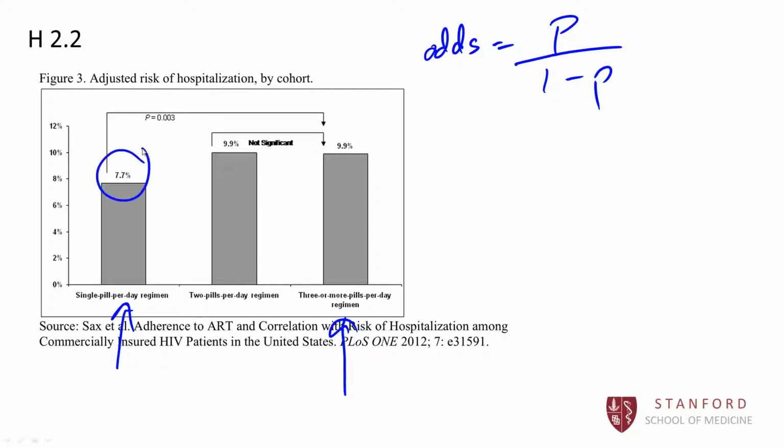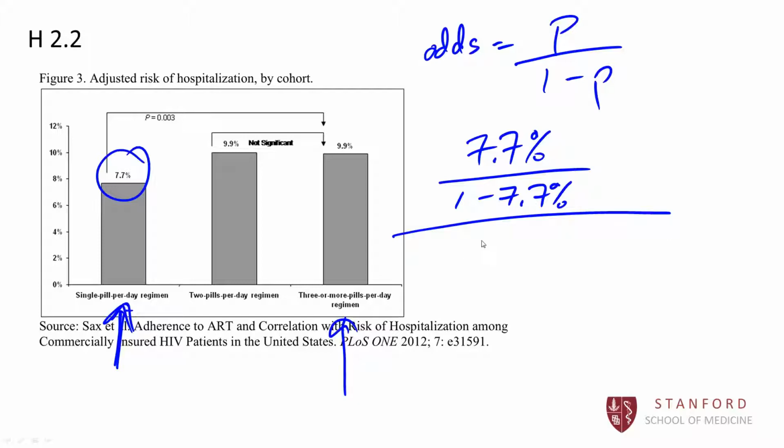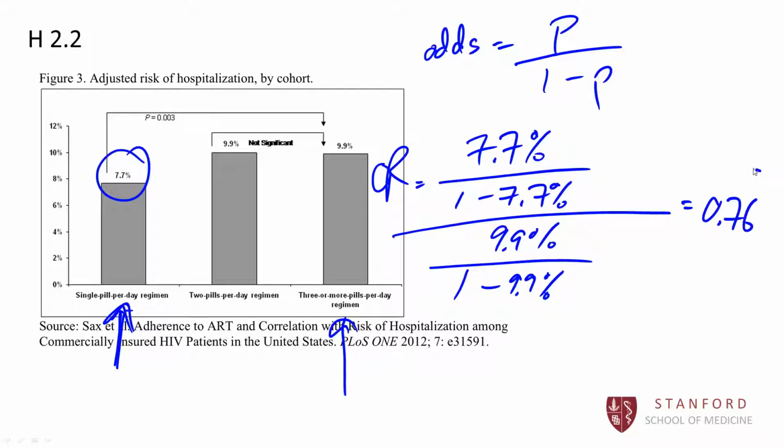So if you take 7.7% as the probability of hospitalization for the single pill per day regimen group, you can represent the odds as 7.7% over 1 minus 7.7%. Okay, and we're going to do that with the 3 or more pill per day regimen group. So that's 9.9% over 1 minus 9.9%. Okay, and this is going to give us the odds ratio. So if we simplify this, we're going to get 0.76. The odds ratio here is 0.76.